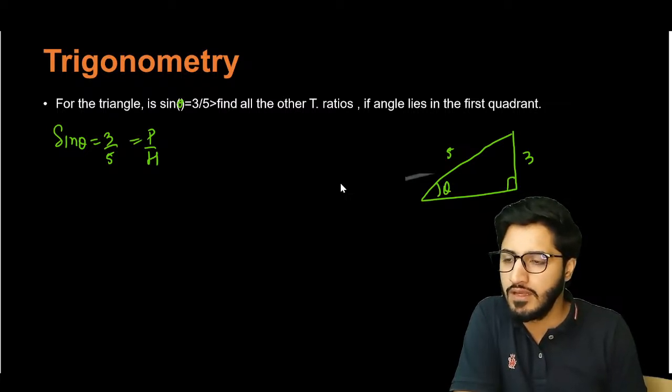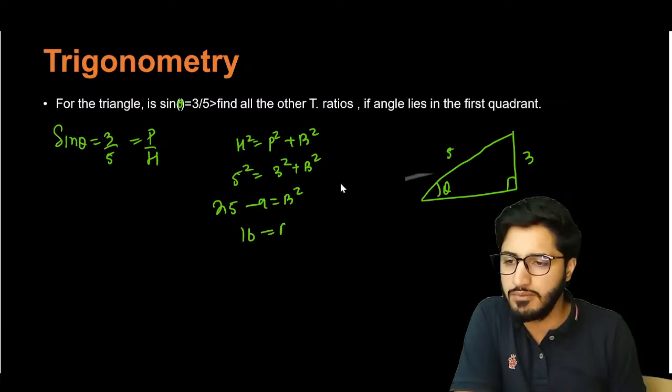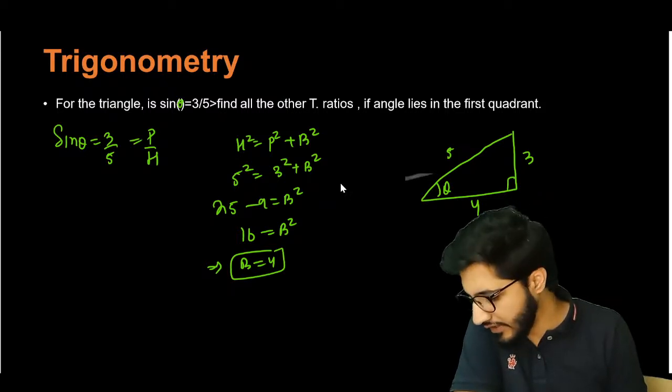We know that hypotenuse square equals perpendicular square plus base square. So hypotenuse we are having 5 square, perpendicular is 3 square plus base we don't know. So 25 equals 9 plus b square, 16 is b square. So you can write b came out to be 4. This is 4, right? Now what is all the trigonometric ratios?